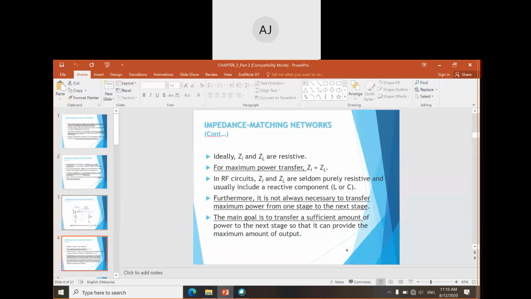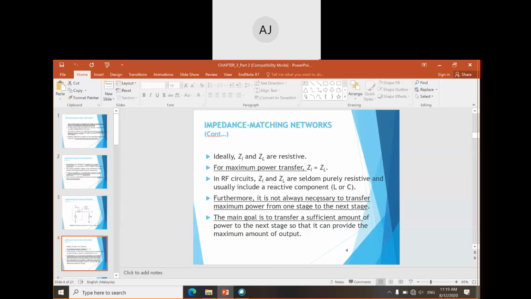The main idea when we do the impedance matching network is that the impedance of the input should be equal to the impedance of the load. When the input impedance equals the load impedance, maximum power transfer can be done.